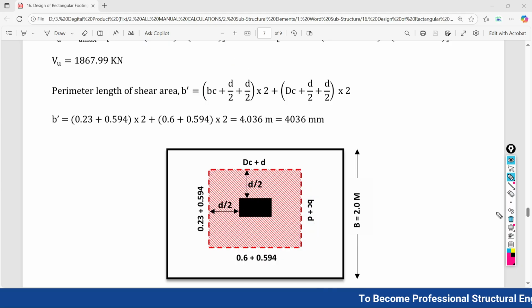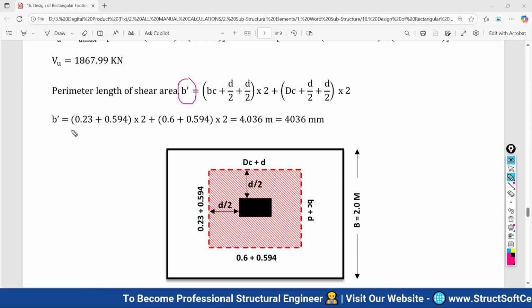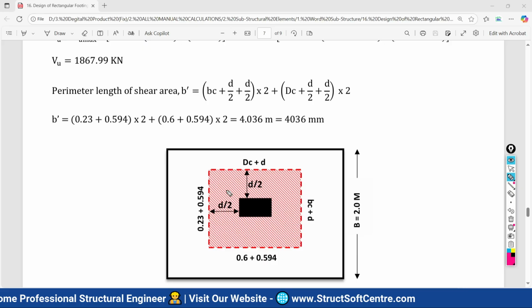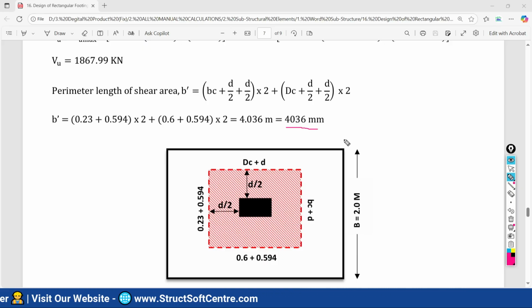So we finally have the perimeter length of your shear area, and we are going to denote it by b dash. After doing all of this calculation, we come to know that the perimeter length of this shaded area is 4036 mm.